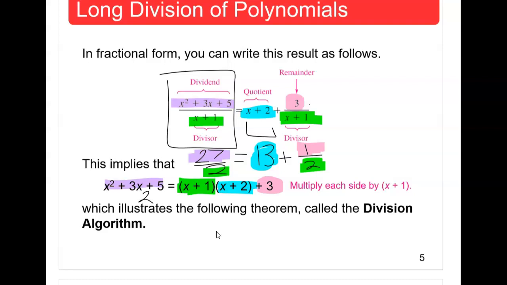We had 27 is the same as 2 times 13, and then plus 1, right? 2 times 13 is 26 plus 1, 27. So this part right here is what we call the division algorithm. So the very first one here is fractional form.